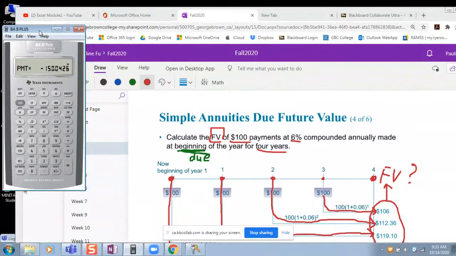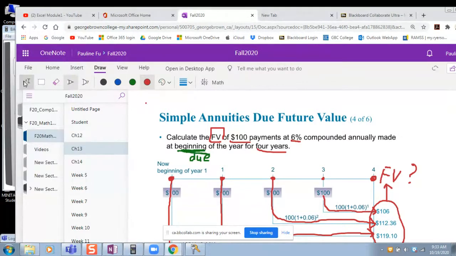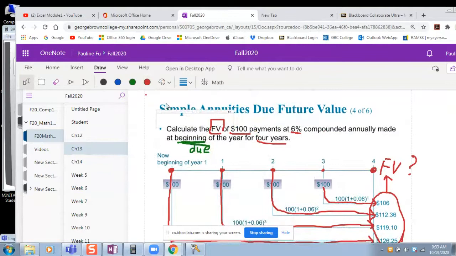And how do you set your calculator to begin? I will show you on the calculator. The principle is you click second BGN, then second SET, second QUIT. I strongly suggest you write this down. So how do you set begin mode?